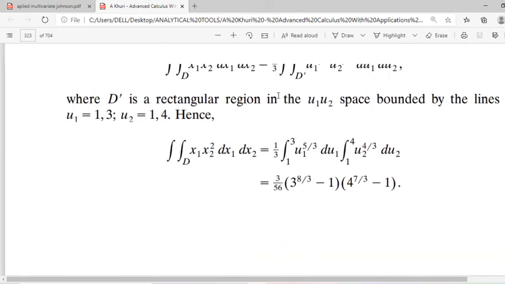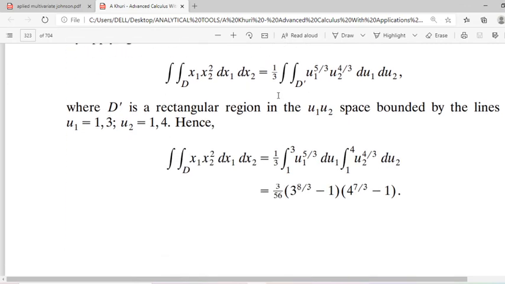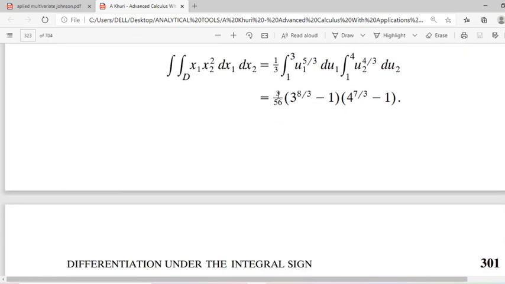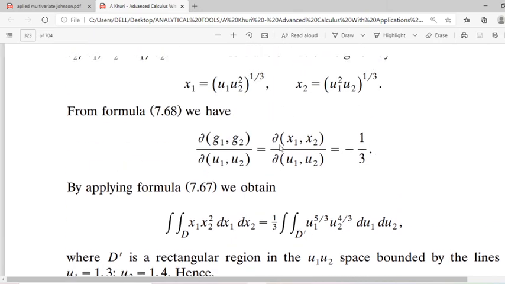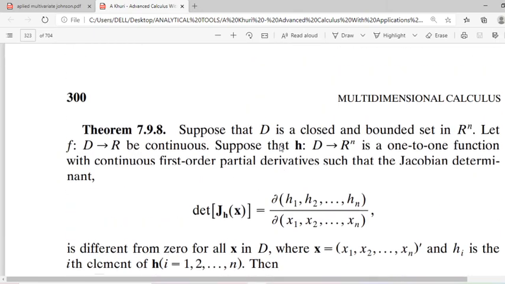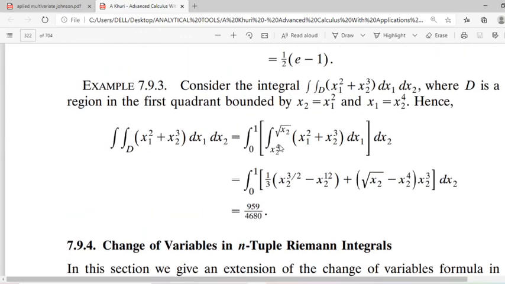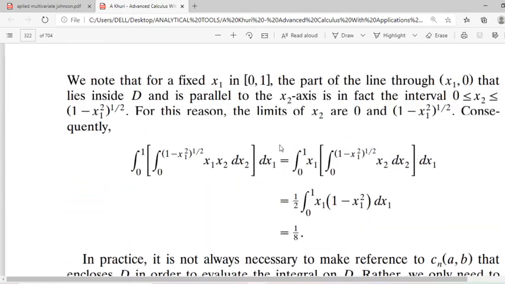You can derive this, or simplify this problem, and try to get this answer. I think this is sufficient for today's class. You may write these results and solve these problems.